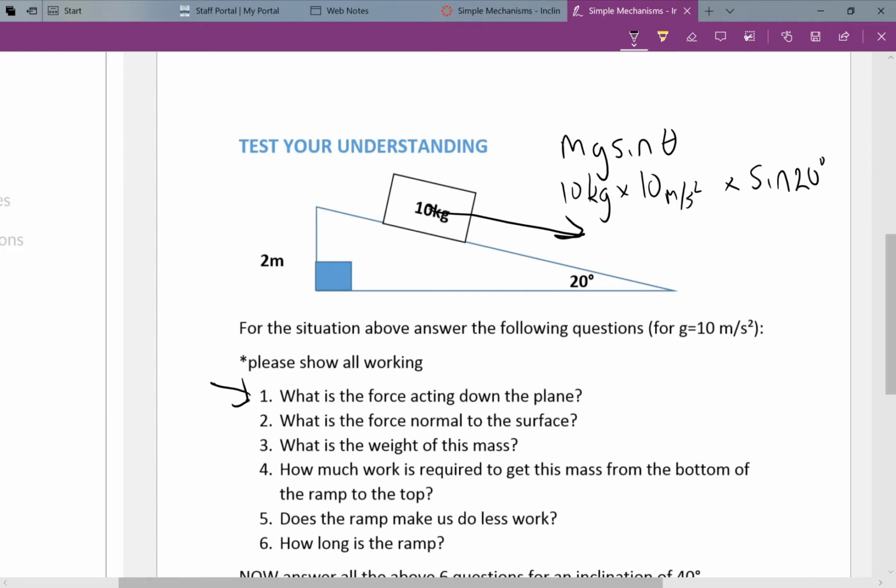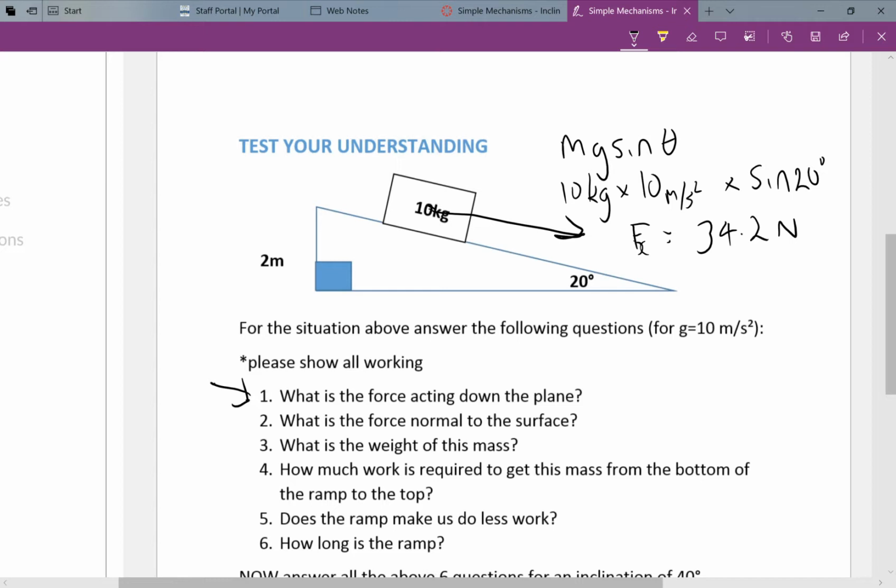Now if you put that all into your calculator and do it correctly, you will end up with a force, and we'll call it force X, for acting down the plane, is equal to a value of 34.2 newtons. So 34.2 is the answer that you should get.